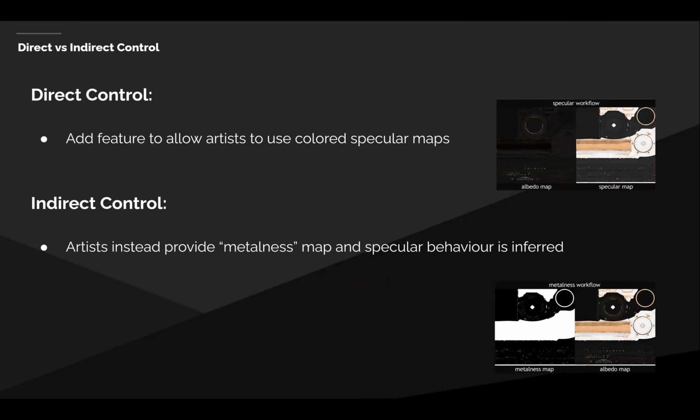The direct control solution to this, which lots of people did, was to let artists use colored specular maps. So now the specular map is not grayscale. It's colored, and you can control the reflection directly in the color of the reflection. The indirect control solution is that the artist provides the grayscale specular map like before, but they also provide a metalness map, which basically says which parts of this surface are metal and which are not. And then the color of the specular reflection is inferred from the combination of these two maps.